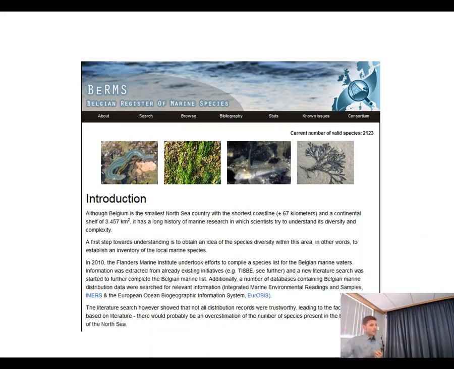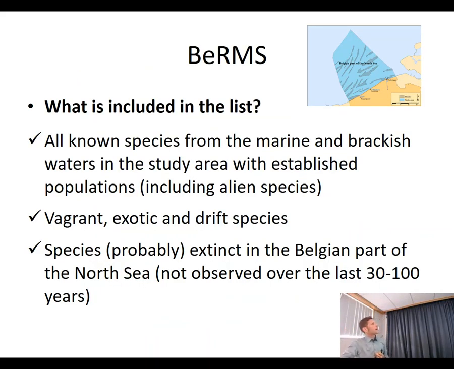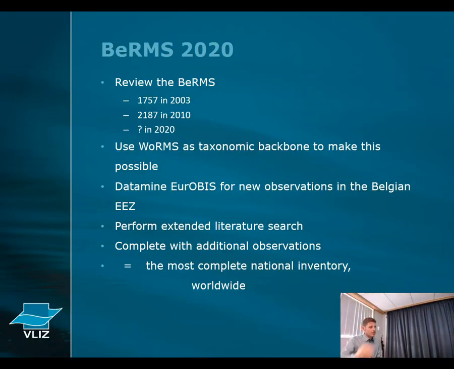And at that time, the idea was to have a more structured approach, looking at what species occur now in the Belgian part of the North Sea, looking at all known species from marine and brackish waters, with established populations, but also vagrant, exotic, and drift species. And also to use it as a tool to look at probable extinct species which have not been observed during the last 30 to 100 years.